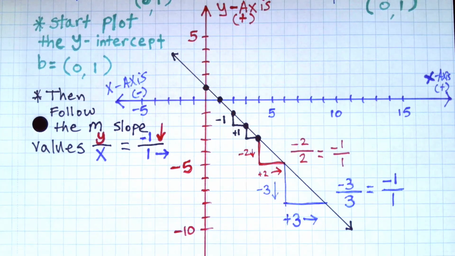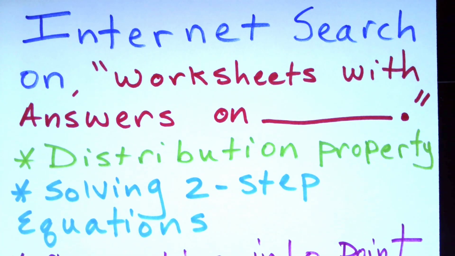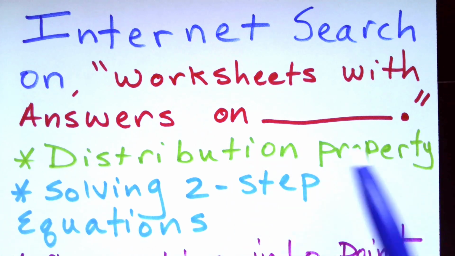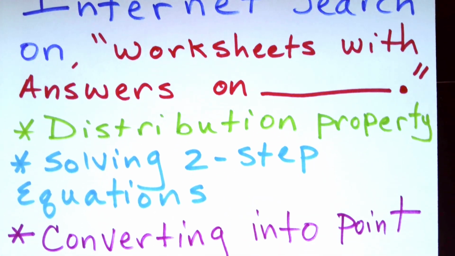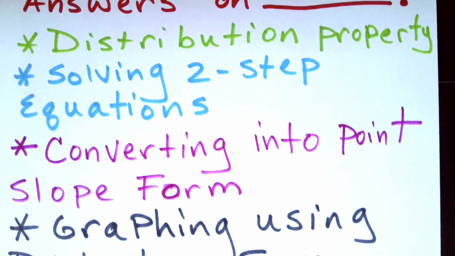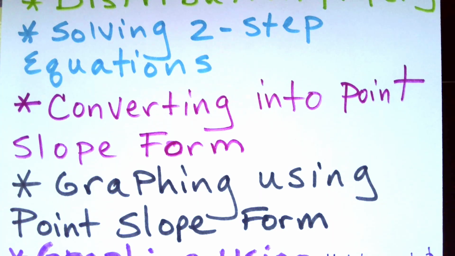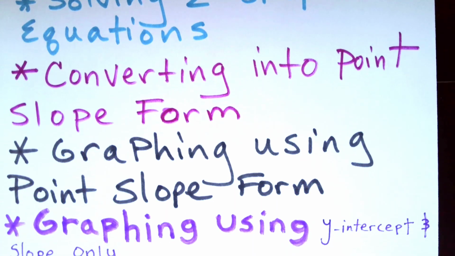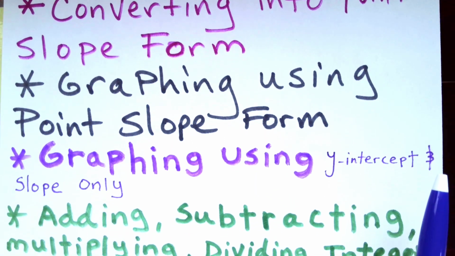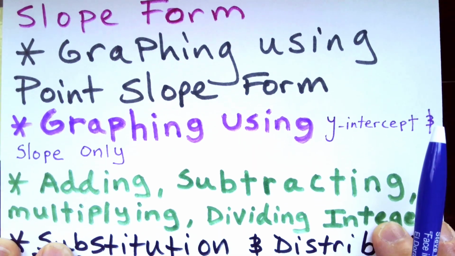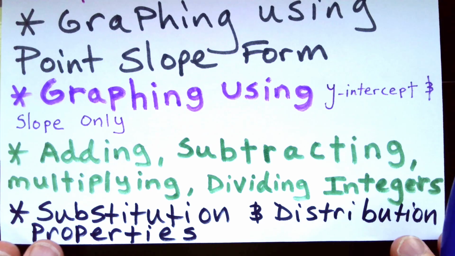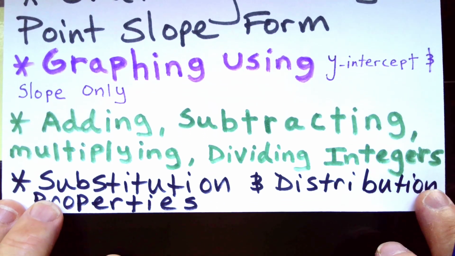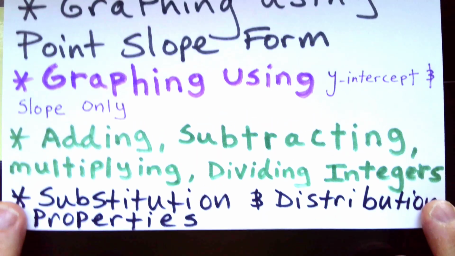I'd like to show you one more thing before you go. If you want to conduct an internet search to practice your new skills, look for worksheets with answers on the following: distribution property, solving two-step equations, converting into point-slope form and slope-intercept form, graphing using point-slope form or slope-intercept form, graphing using y-intercept and slope only, adding, subtracting, multiplying, dividing integers, substitution, and distribution properties.